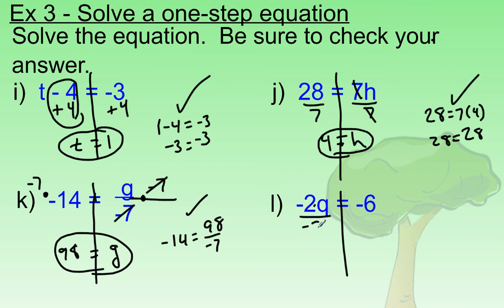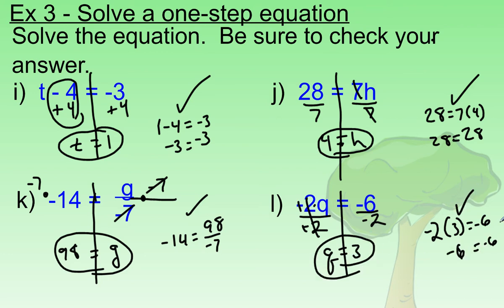So if we divide by -2, the negatives cancel, the 2's cancel, I get q equals, remember, it is actually a 1q, but I don't write the 1. Q equals 3. -6 divided by -2 is 3. Let's check. -2 times 3 equals -6. And yes, this works. So that is my solution.